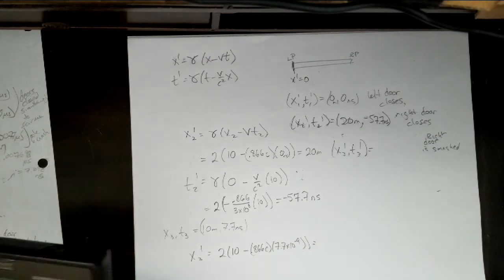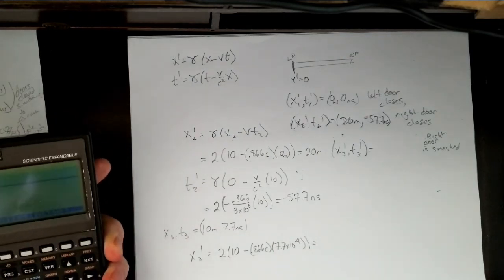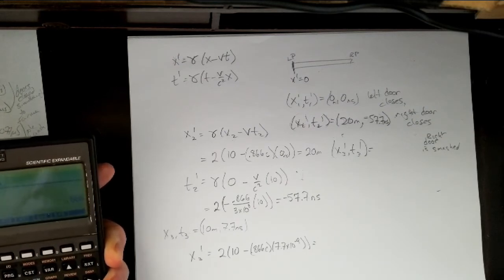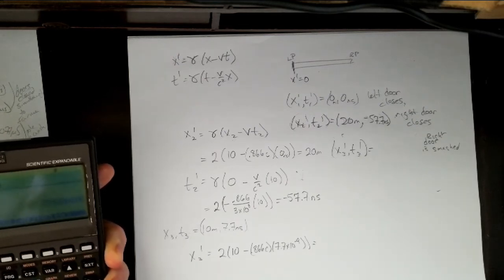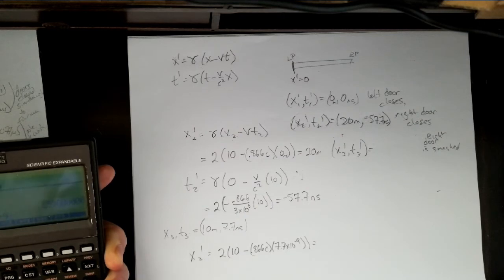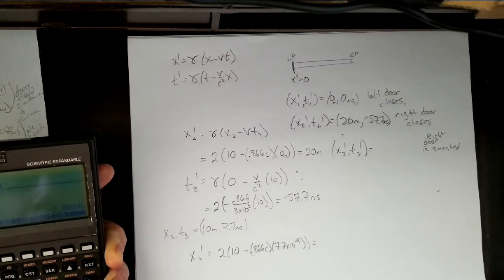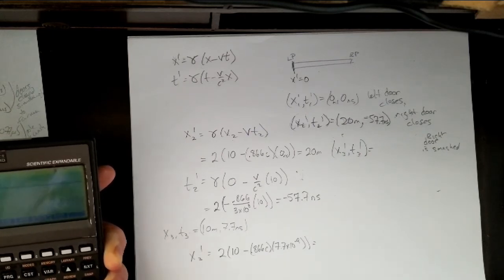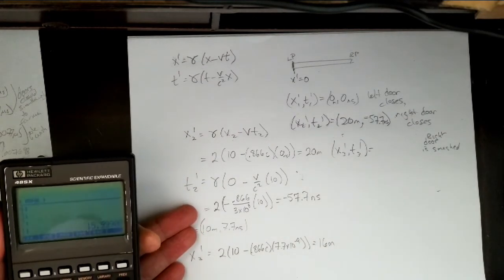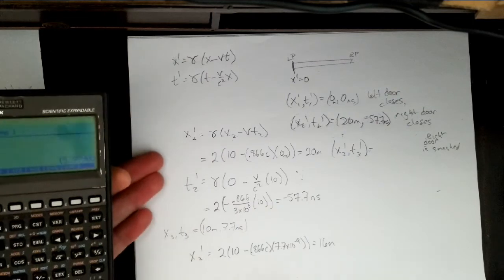Work that out in the calculator: negative 10 plus 2 times... And so we get 16 meters. The calculator's got some rounding issues in there, but it's 16 meters.